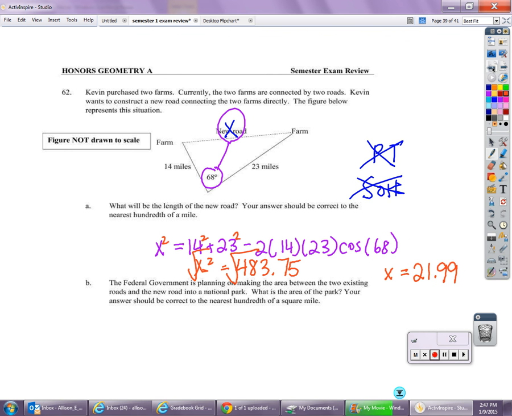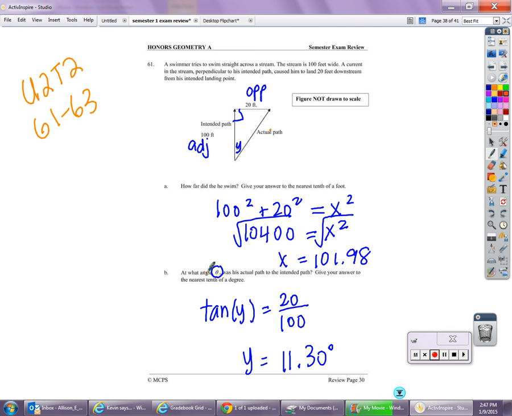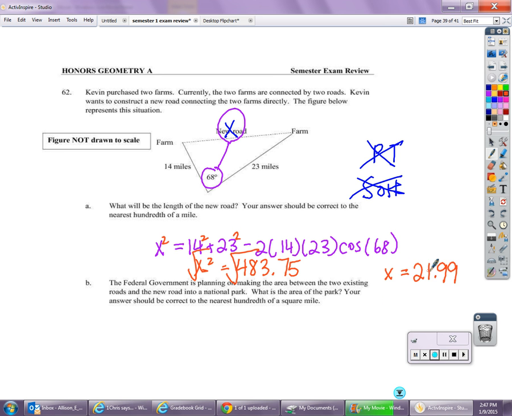Just a second, I want to see if I did something wrong. Okay, alright, so yeah, so x is 21.99, and they want to find the area of this triangle.